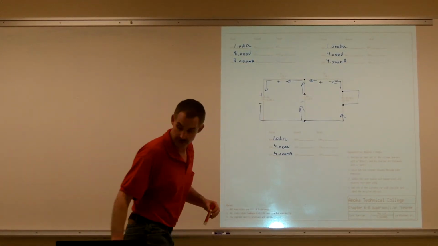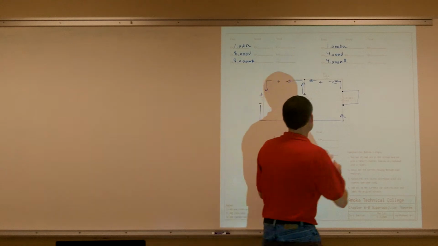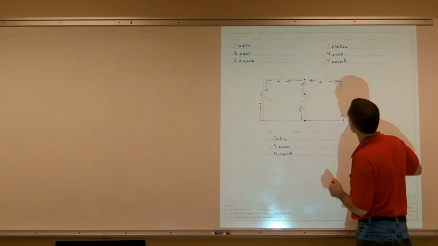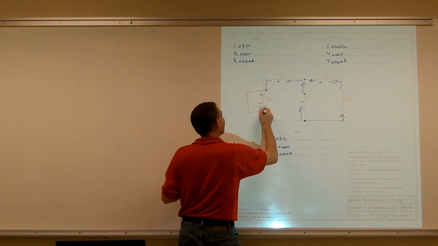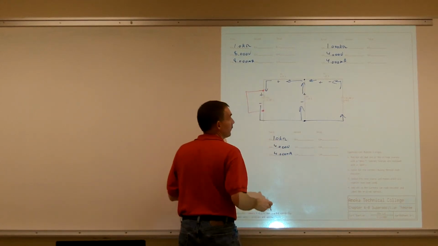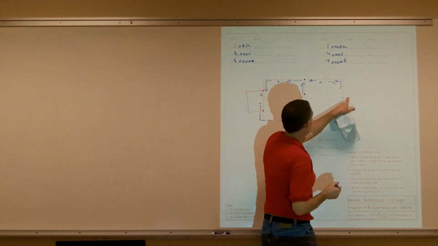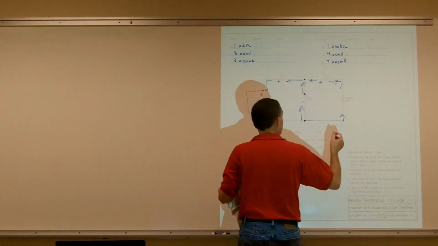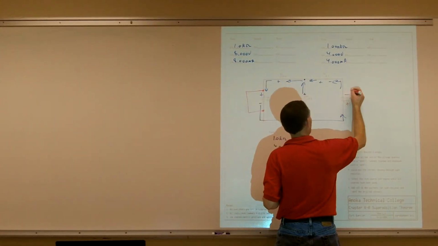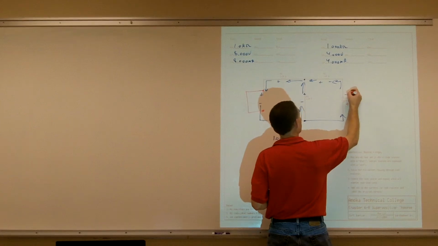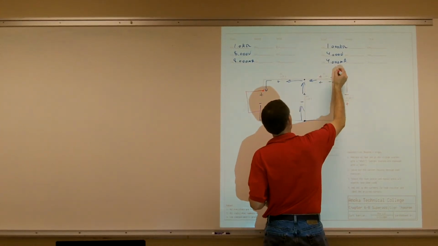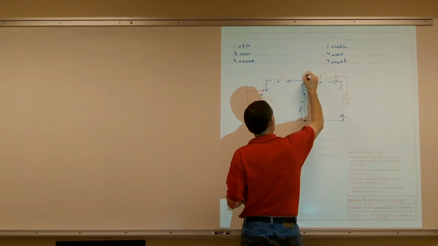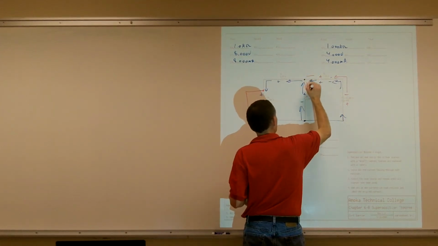Now this time we're going to remove this one and short out this one. This time we have 24 volts, and my current is going from negative to positive, so now it's going this way. It goes negative to positive, then it comes up. Then it's going to split. Some of my current is going to go this way.